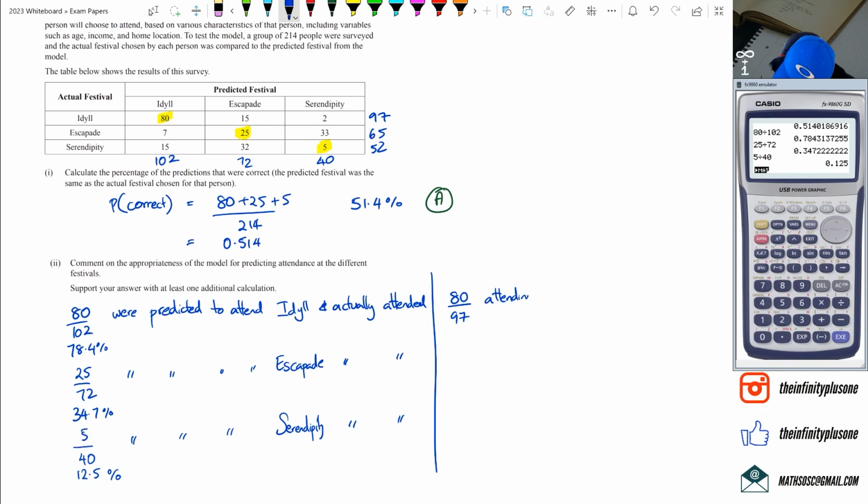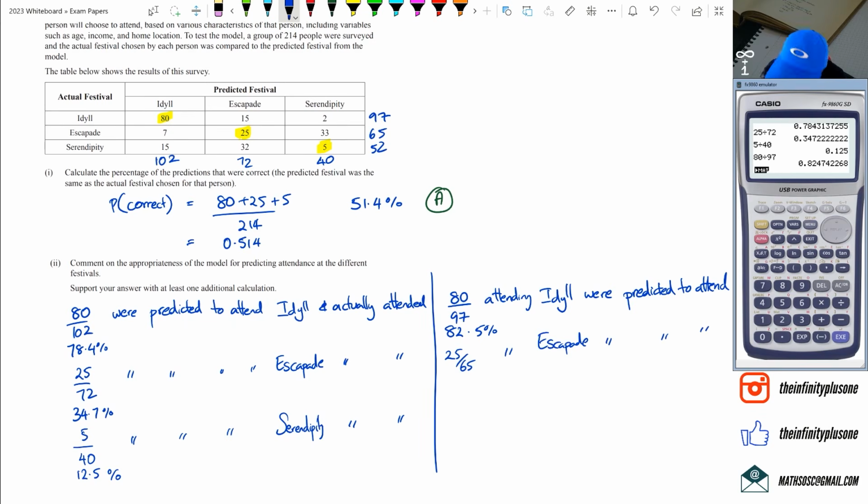Attending Idle were predicted to attend. And as a percentage, what do we got? 80 over 97 is 82.5%. Then the next one, you've got 25 out of 65 attending Escapade were predicted to attend that.